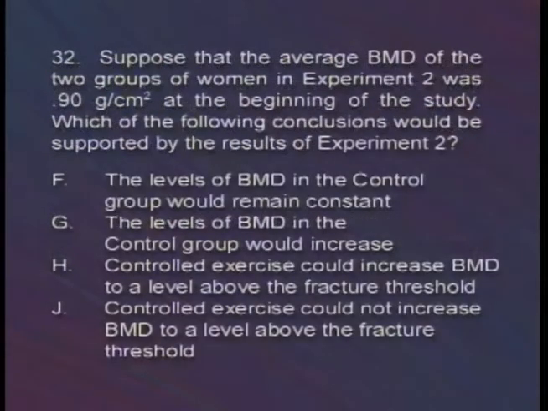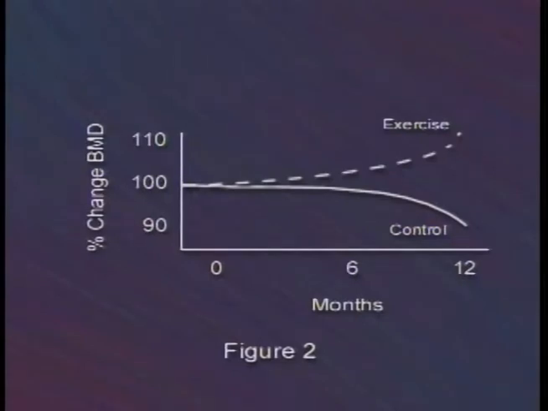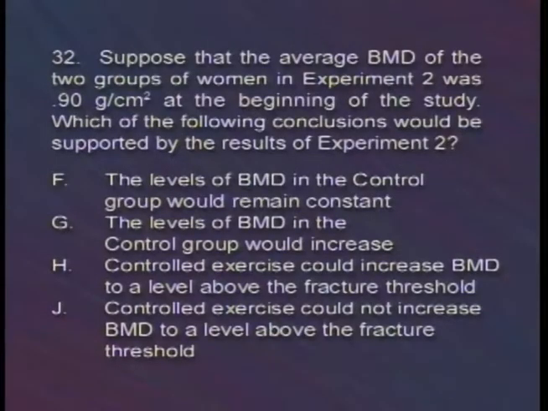Question 32. Suppose that the average BMD of the two groups of women in Experiment 2 was 0.90 grams per centimeter squared at the beginning of the study. Which of the following conclusions would be supported by the results of Experiment 2? From Figure 2, we can see that BMD levels increased for the exercise group and decreased for the control group. Options F and G are thus incorrect. Both options H and J mention the term fracture threshold.